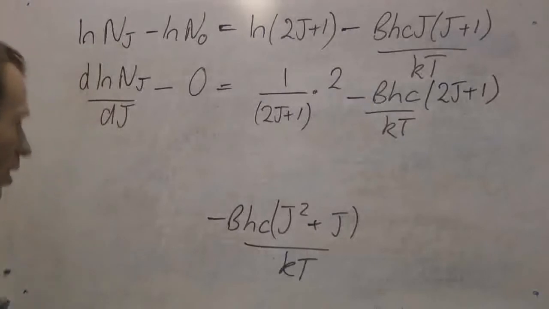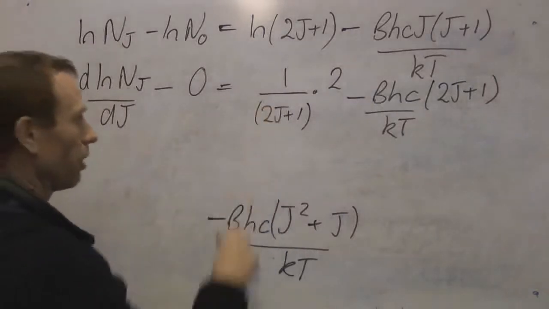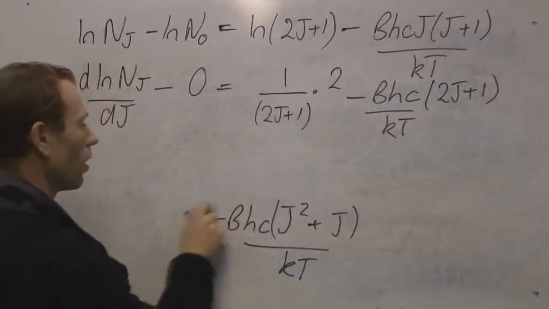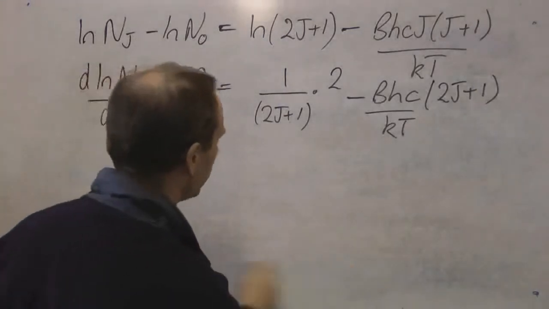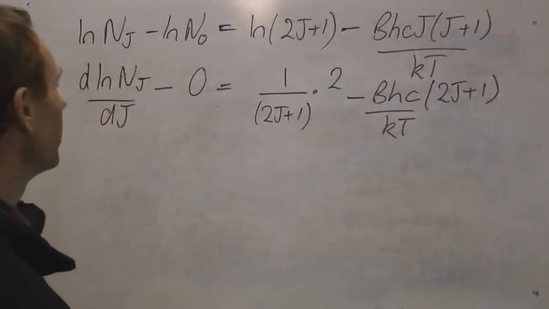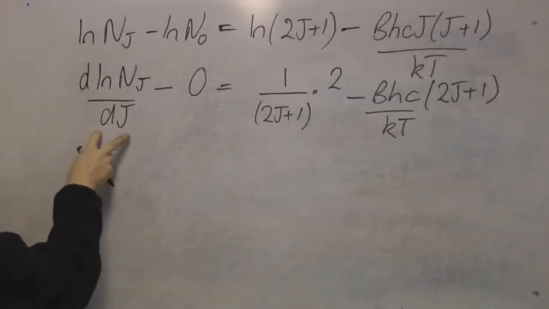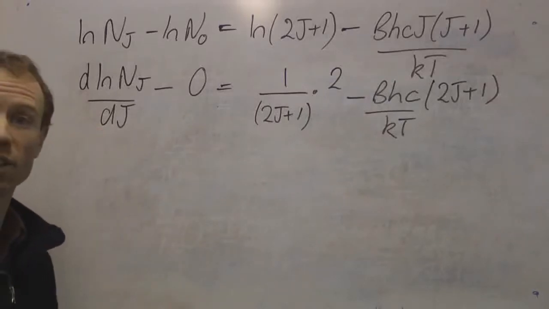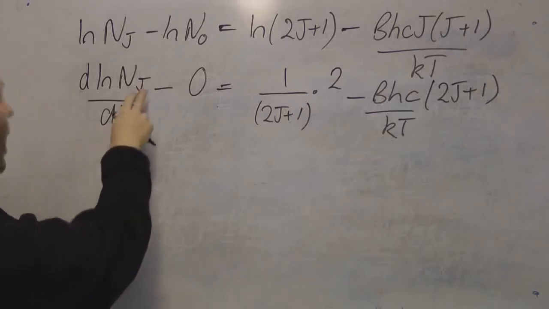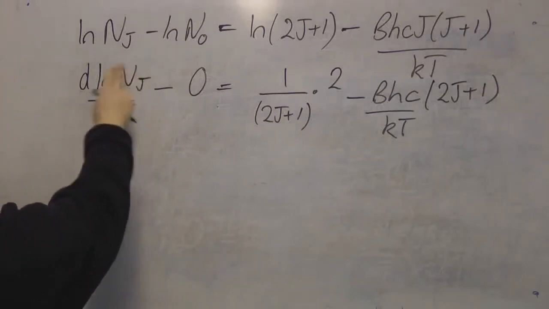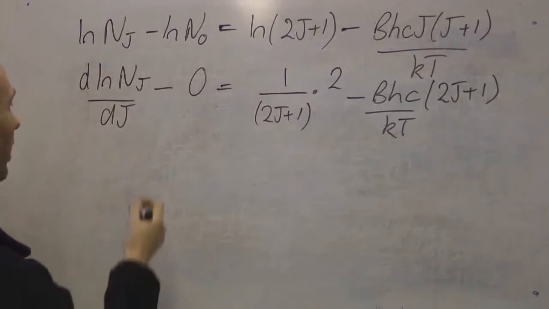Okay, so now we've got this expression here. What we need to do is set this equal to 0, because where d log nj dj has a maximum, where log of nj has a maximum, the derivative with respect to j is equal to 0.